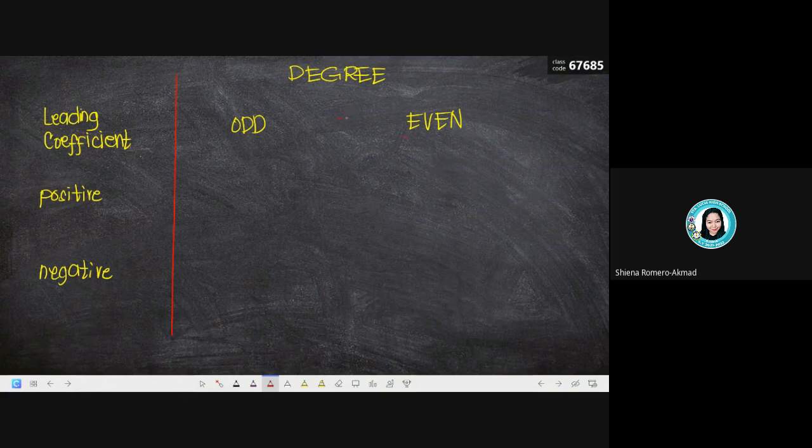Ano ba yun? Hirap mag-ruler. Tapos, dapat dito inaano eh. Ay, saan ba ako? Ay, dito pala. Ay, ano nangyari?